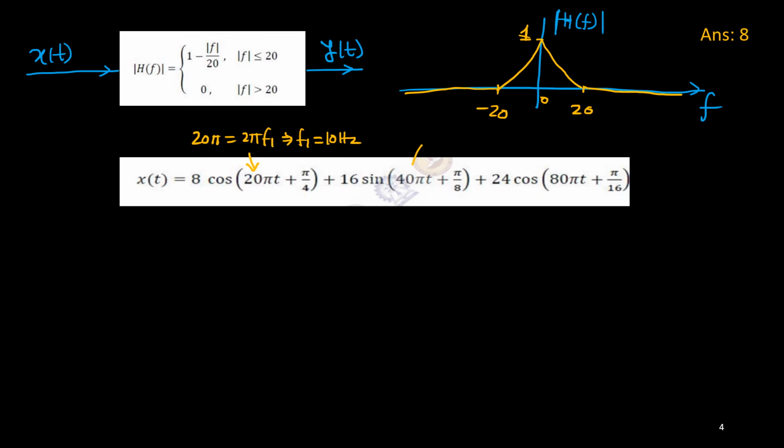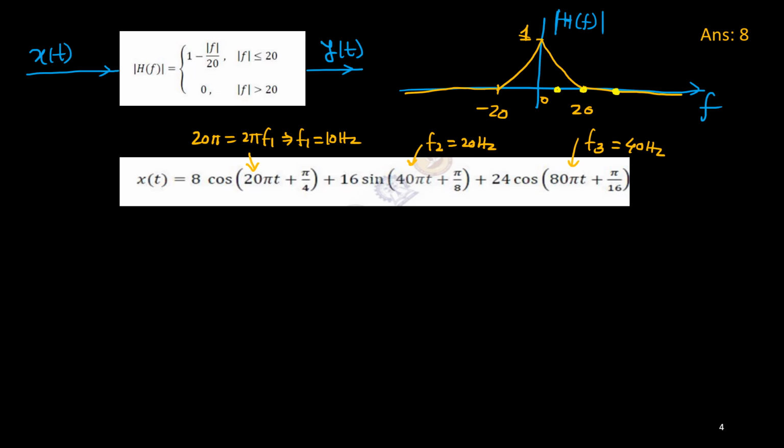Similarly for this one, f2 equals 20 Hz, and for this one, f3 equals 40 Hz. So those frequencies we can locate here. This is your 10 Hz, this is your 20 Hz, and this is your 40 Hz.